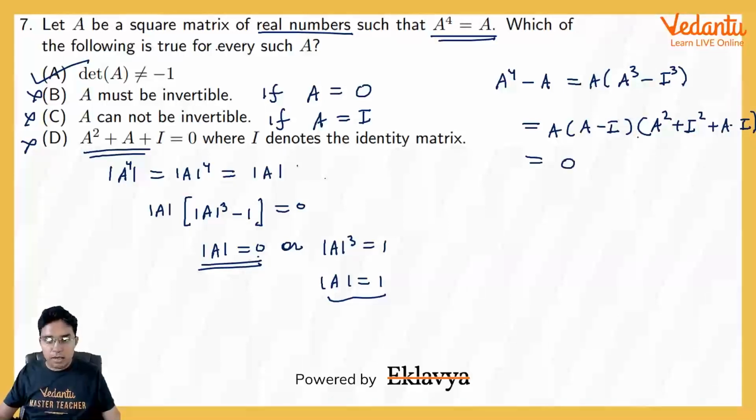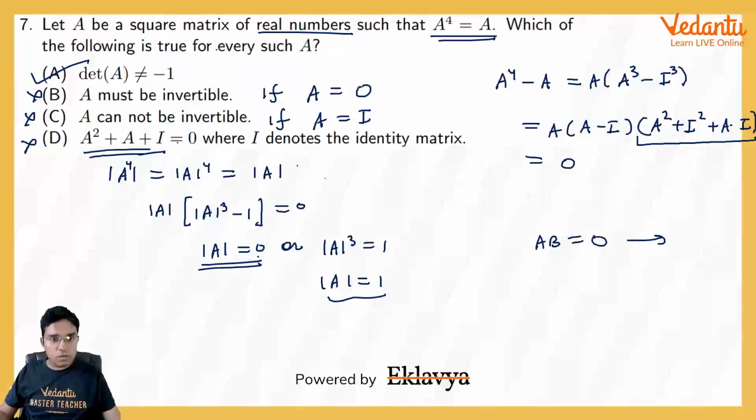So maybe because of that they are saying that one of them will be equal to null matrix. But you know, in matrices, AB equal to null matrix doesn't mean that one of them should be equal to null matrix. So here this being equal to null matrix is not true for all A. In fact, I have shown you that if you take A as null or A as identity matrix, then also it is not true.